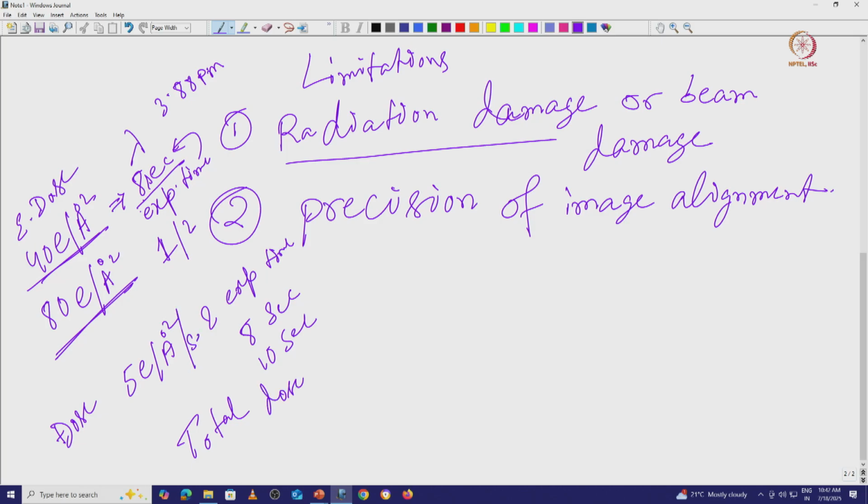So here I am talking about the total dose. We are trying to keep the total dose at 40 or 50 or 80, so the total dose will be either 40 electrons or 50 electrons per angstrom square.